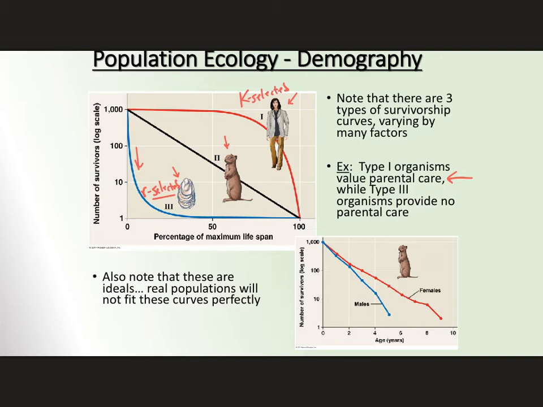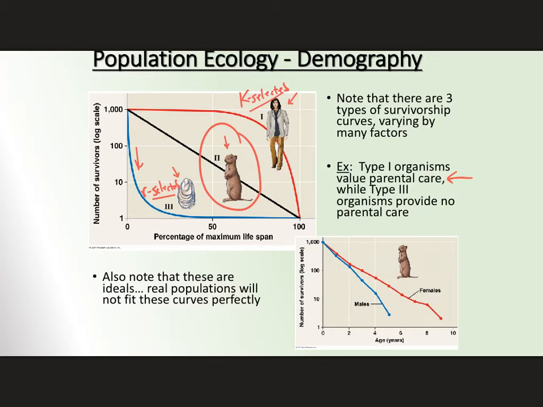And then type 2 is where a lot of animals on our planet fall, somewhere in between, right? They don't show extensive K-selected type behavior, so they don't live quite as long as something like humans, but they're not quite so R-selected either, and so they do tend to survive a little bit longer.